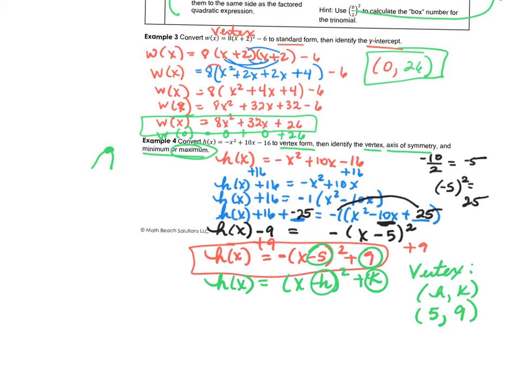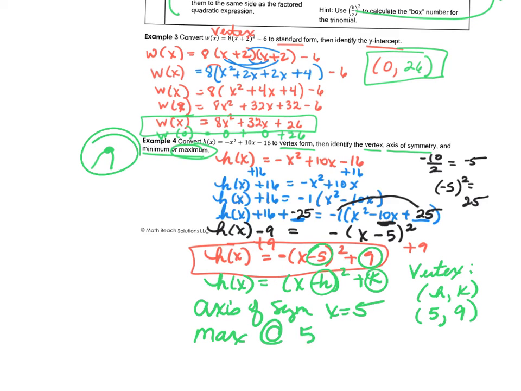And then your axis of symmetry, can't read my handwriting, I was trying to hurry, is going to be x equals 5. And then we already said that it was a maximum, right here we said it was a maximum at our vertex.